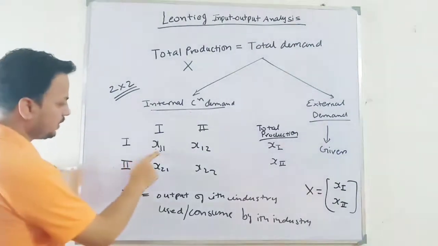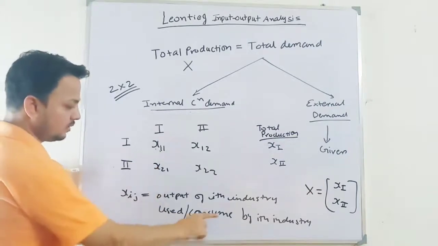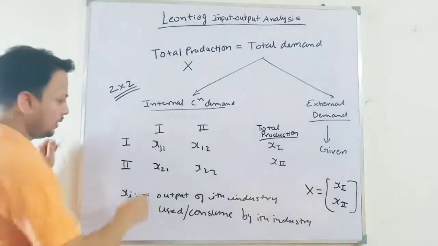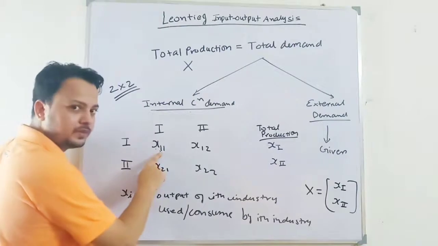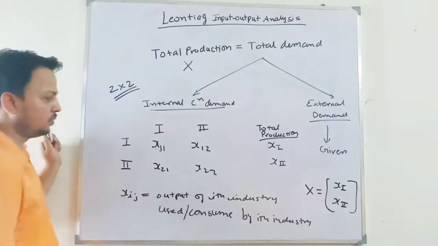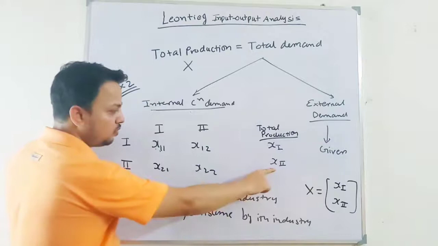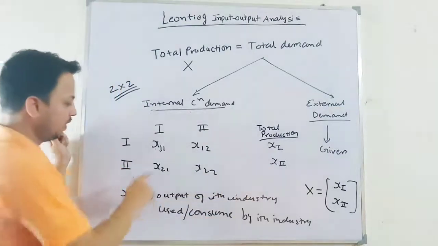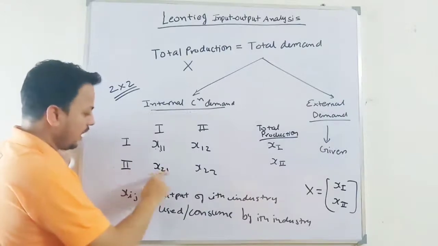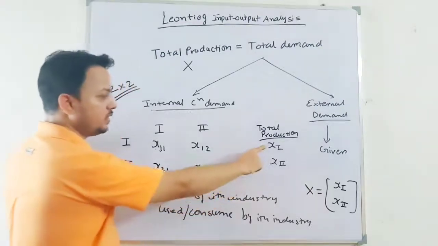So output of the first industry is used as an intermediate input, or consumed, by the first industry in order to produce final output. Output of the first industry used by the second industry in order to produce final output. Output of the second industry is used by the first industry in order to produce final output, which is X1.